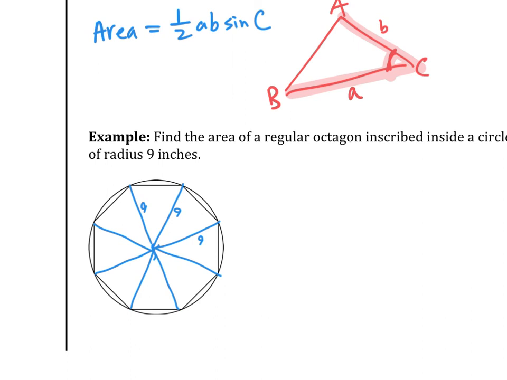To find the area of one triangle, you just need two sides and the angle in between. So we do have two sides. We don't have this angle in between, but can we figure out what the angle in between is if we know that this whole thing forms a circle of 360 degrees, right?